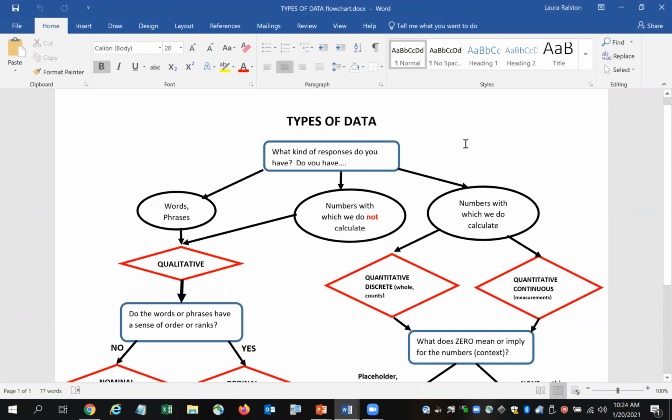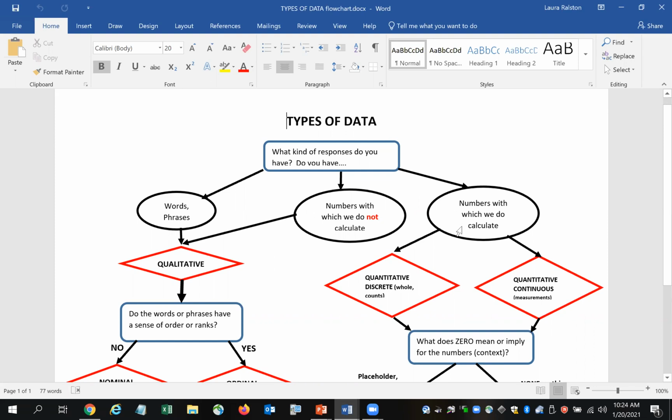If I'm using this flow chart, and I know my question is weights of backpacks, I'm going to ask myself, what kind of responses do you have? Well, I don't have words or phrases for weights. I don't have numbers with which we do not calculate. I have numbers with which we calculate, because I would calculate with weights.